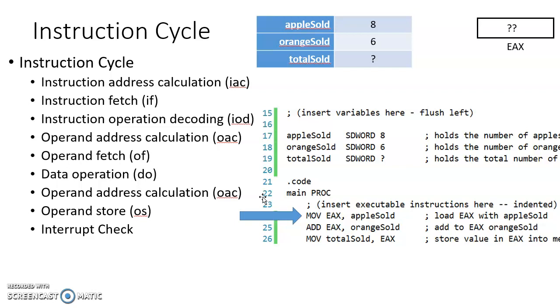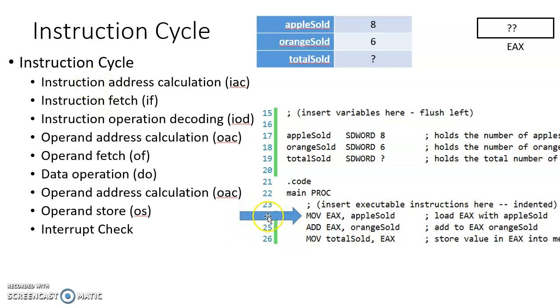Okay, so the idea is an instruction cycle is what are the stages that an instruction is in. The first thing is, we have to fetch the instruction, but before it does the fetch, it has to figure out where it is in memory. So it has to do the instruction address calculation.